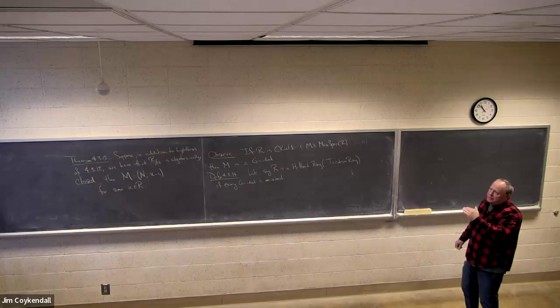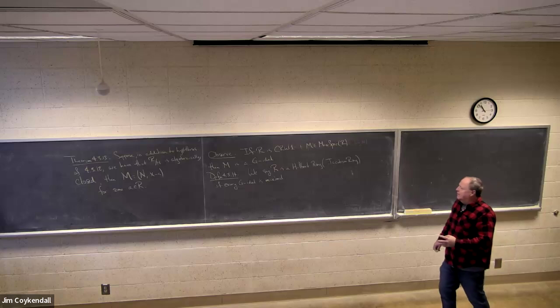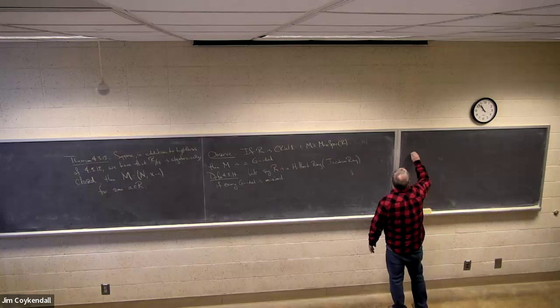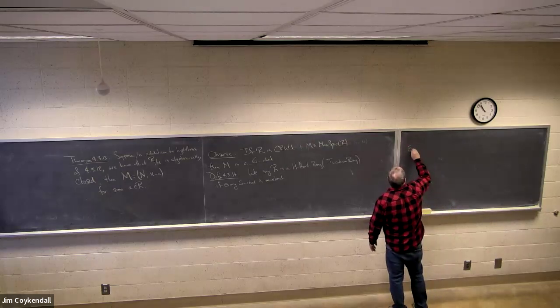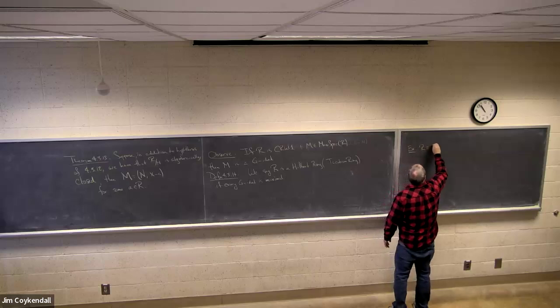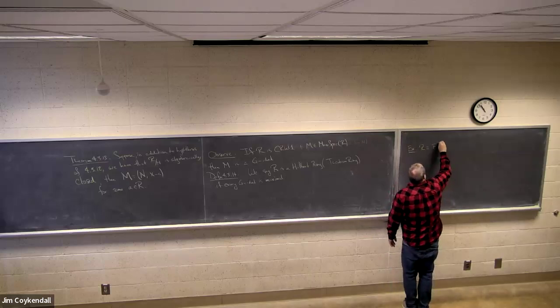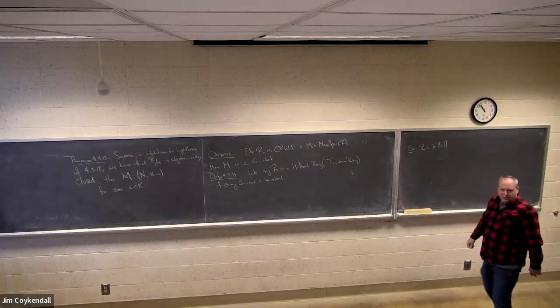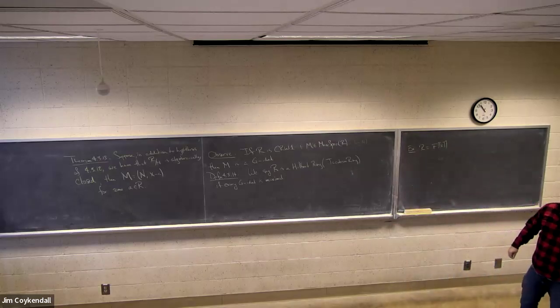So if you have any valuation domain that has a height one prime, that'll work. But let me give you one that's not. So here's something easy. That's my easiest valuation domain.